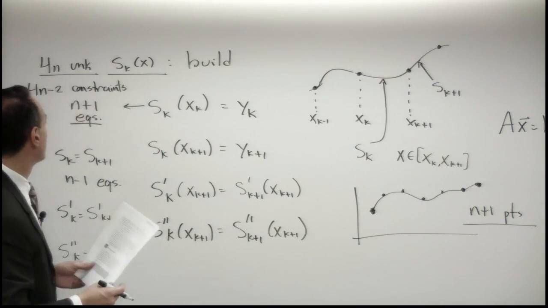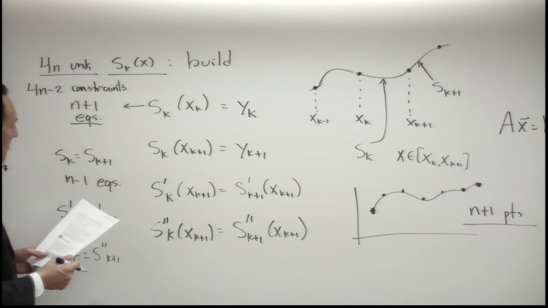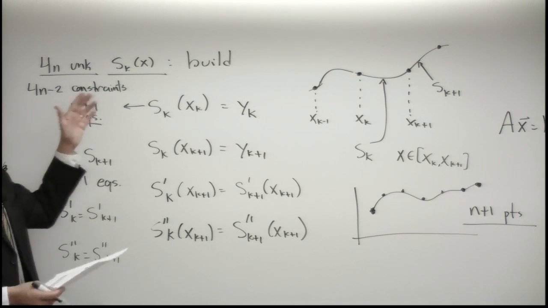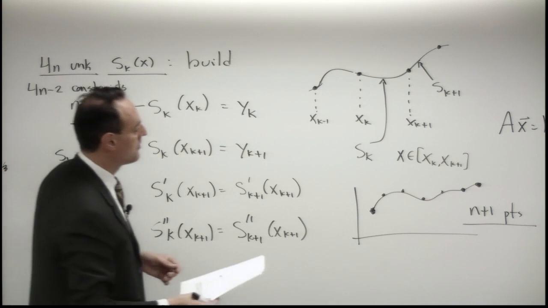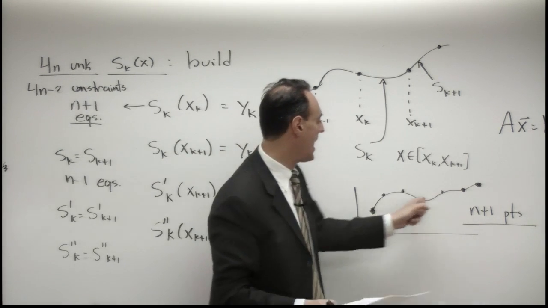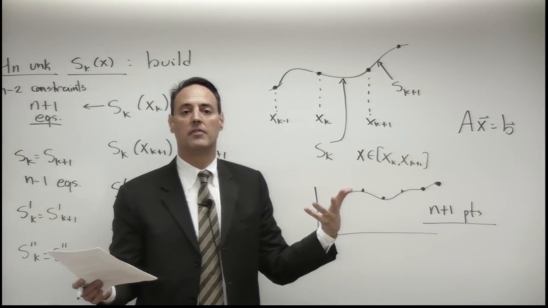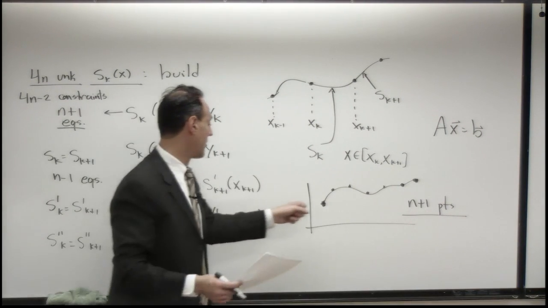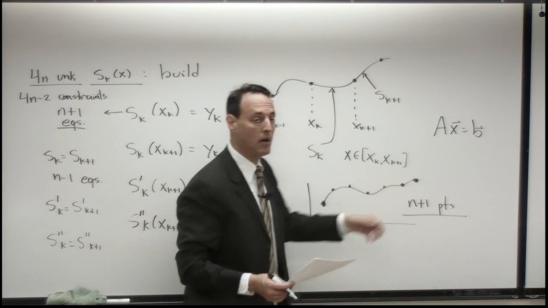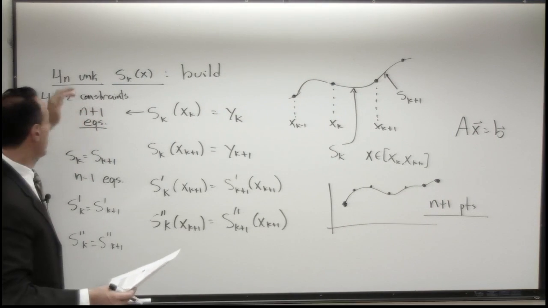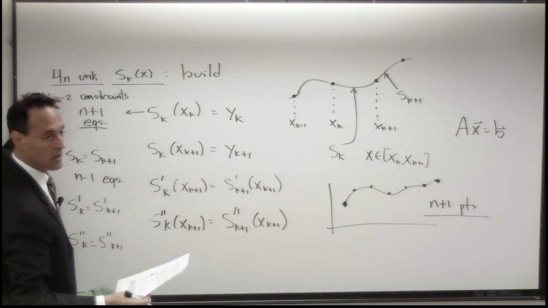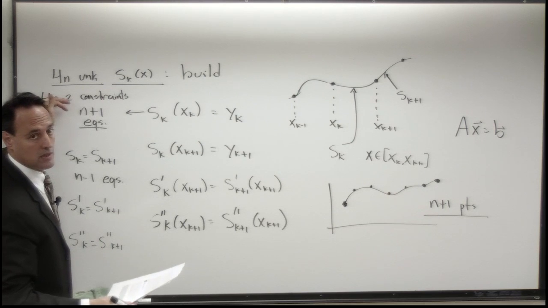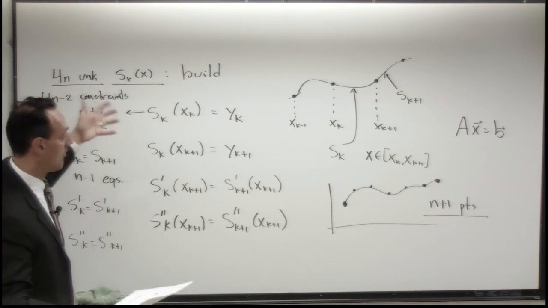That's something you should know about splines. Typically in splines, they impose 2 more conditions. Oftentimes, one of the standard ways is to say, how about on the ends, we'll make the second derivatives 0. If I make the second derivative here and here 0, that gives me 2 more constraints. And then I have 4n unknowns, 4n constraints. And then I have a system that I can solve for these splines.